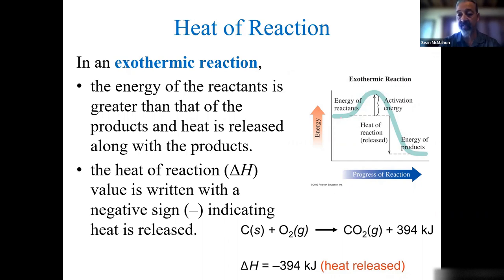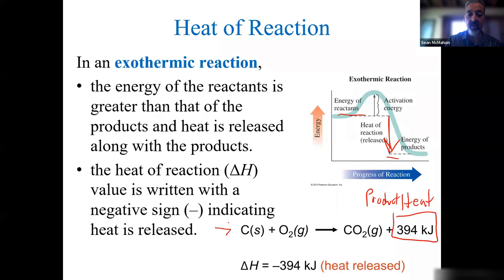So here's a case of an exothermic, there's excess energy. They would just write the heat value on the product side because they're saying it's producing heat. It's releasing the heat. So if it's exothermic, they could write the heat on the product side, or they don't even include it in the balanced equation. They just write delta H equals, and there's a negative to show you that it is exothermic.